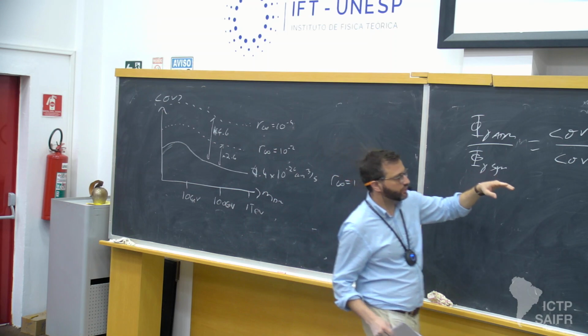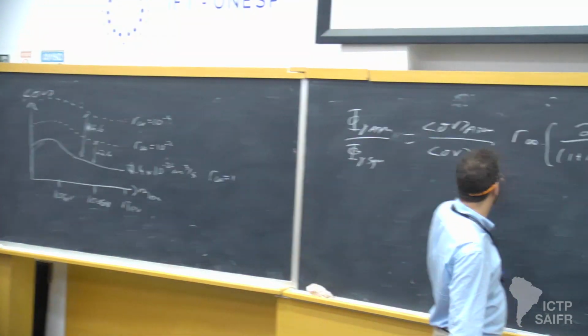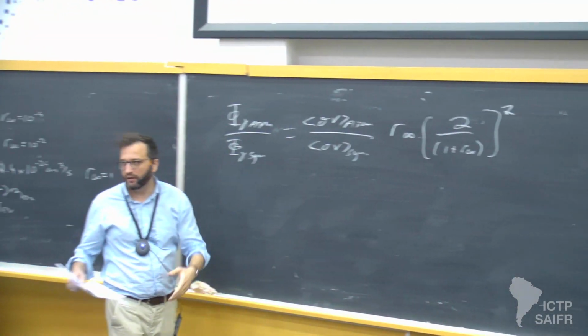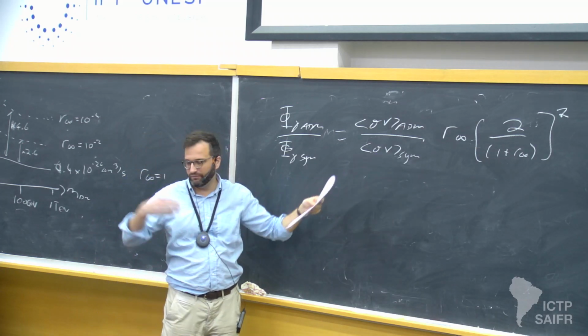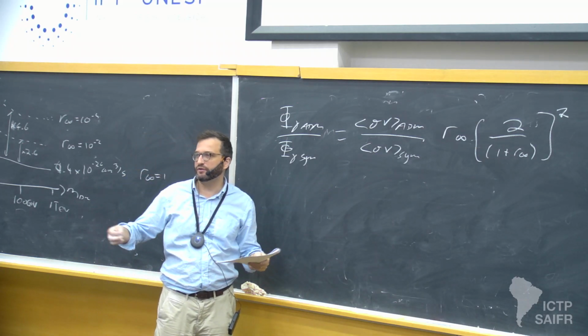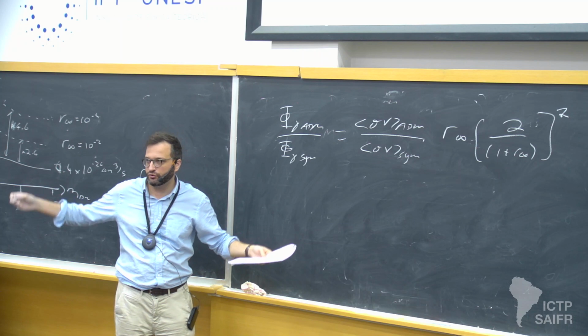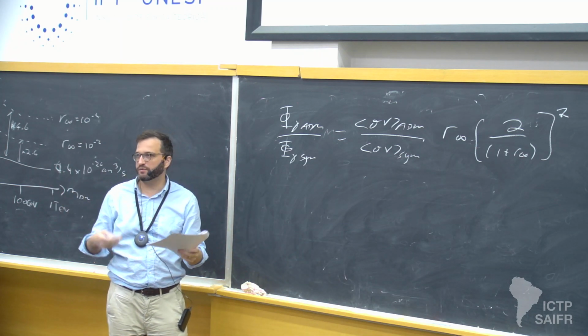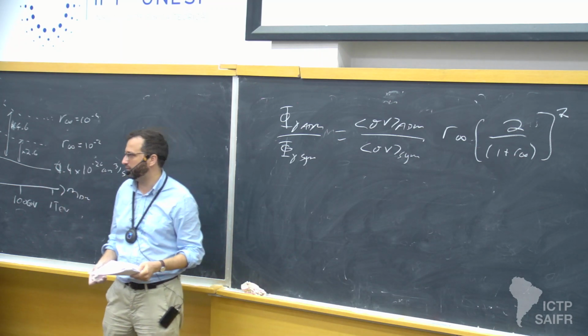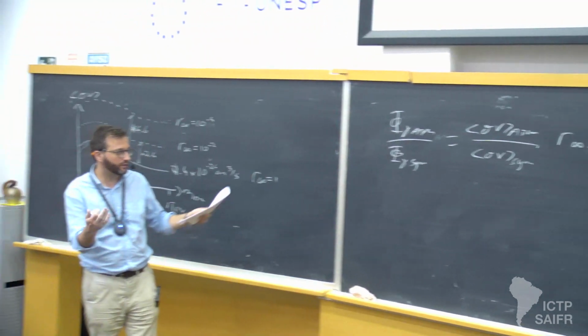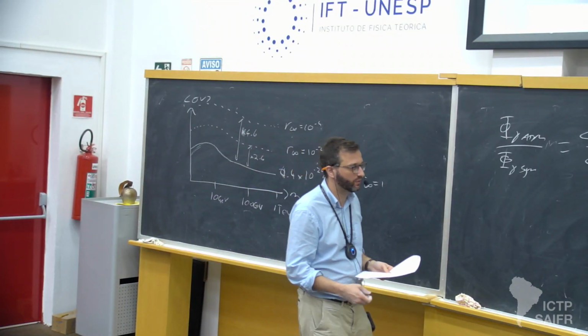The flux depends on the cross-section at the velocities you're interested in. So if the cross-section shoots up a lot as the velocity drops, which typically happens with Sommerfeld-enhanced cross-sections, then you could maybe still get some sort of signal.